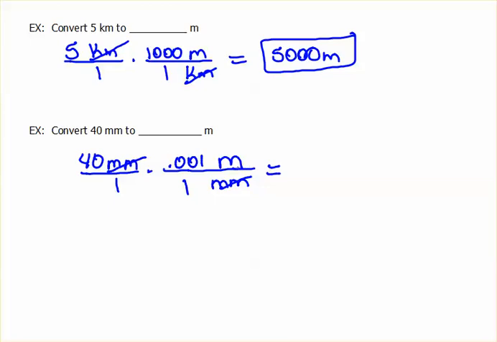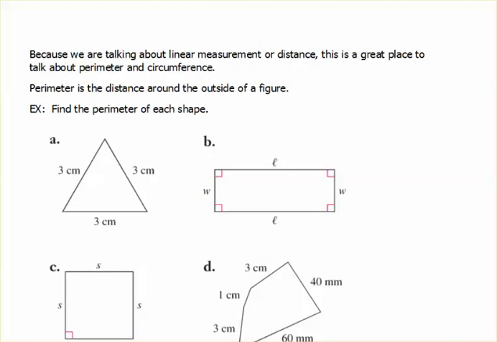And now when I do the multiplication, we get 0.04 millimeters. I'm sorry, meters. Got a little ahead of myself. Alright, so I want you practicing with that dimensional analysis because that will come in handy.